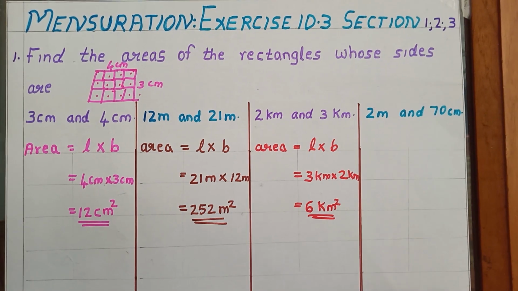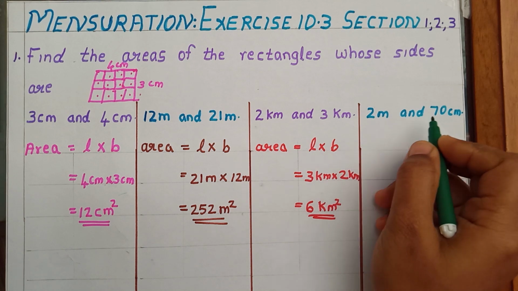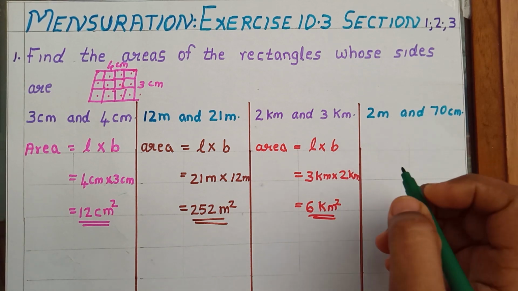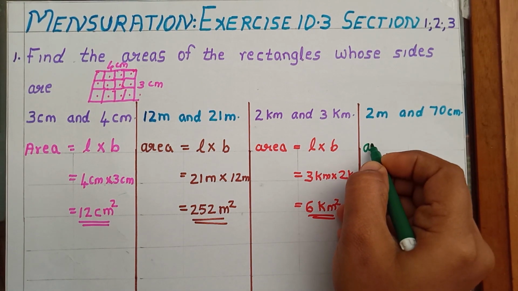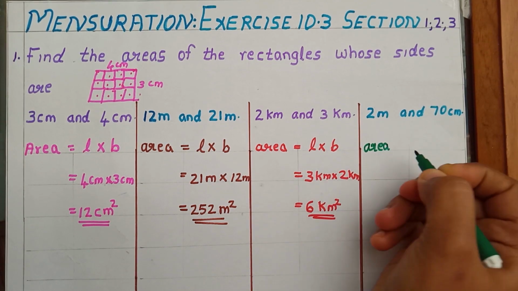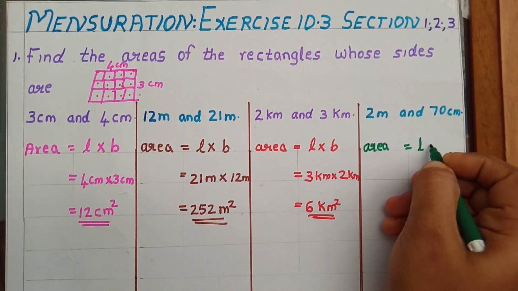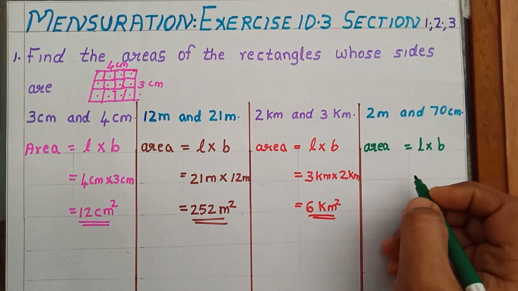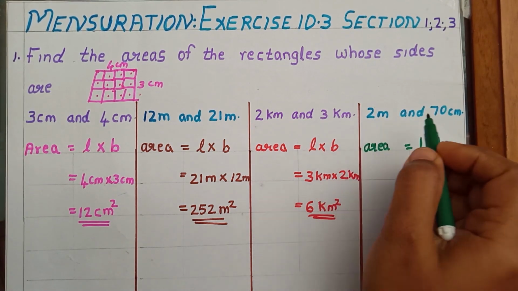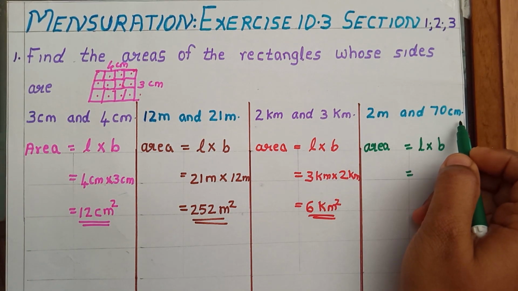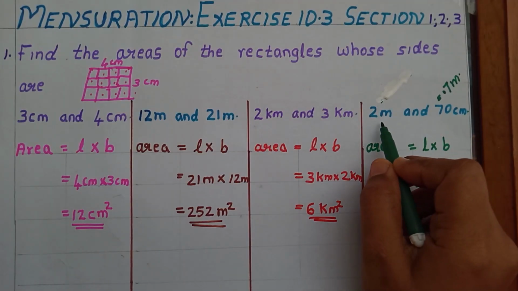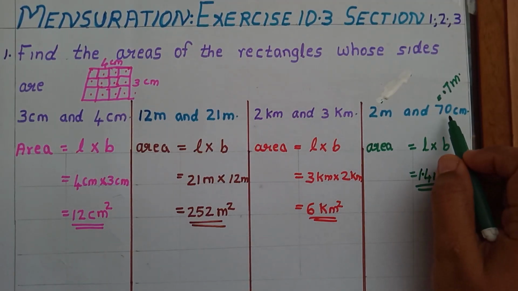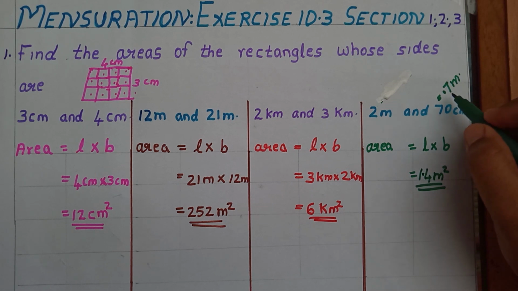For the next problem, length is 2 meter and breadth is 70 centimeter. So area equal to length into breadth. Here both the units are different. See, 2 meter and 70 centimeter. 70 centimeter can be written as 0.7 meter.